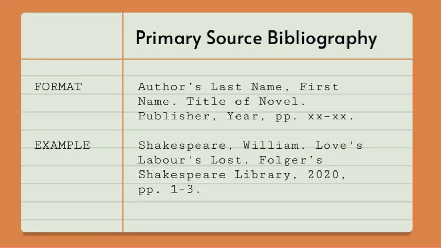If it's a short story, poem, or article, put the title in quotation marks and the collection title in italics. If it's a published book-length novel, it also needs to be in italics. An example I have here is from Love's Labour's Lost by Shakespeare.